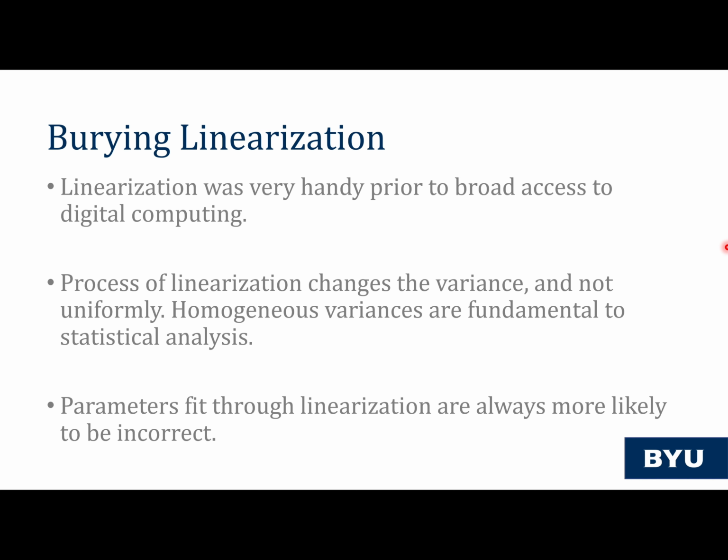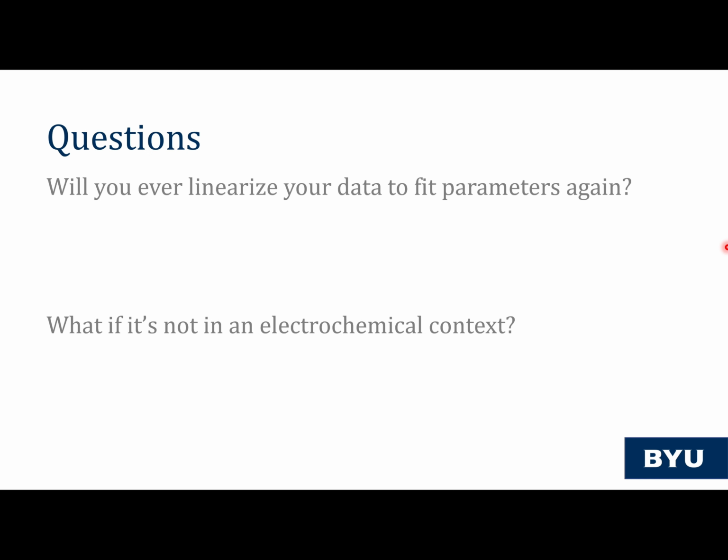And fundamentally, that changes how we need to analyze things statistically, and fitting things after you've made that change makes it so that your fit will prefer some parts of the data over others. So parameters that are fit through linearization are always more likely to be incorrect than those fit with non-linearized data or with the full data set, the full Butler-Volmer expression.